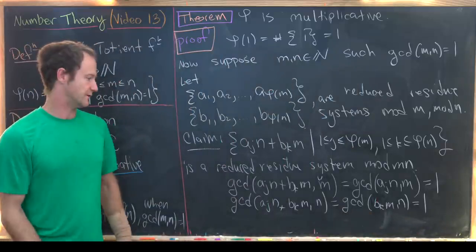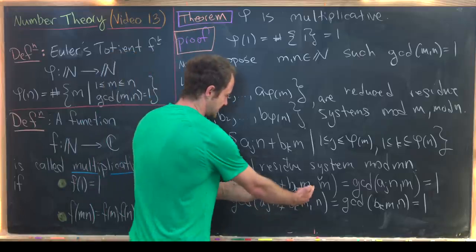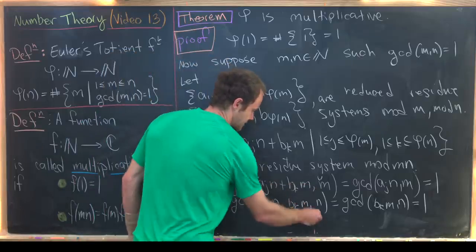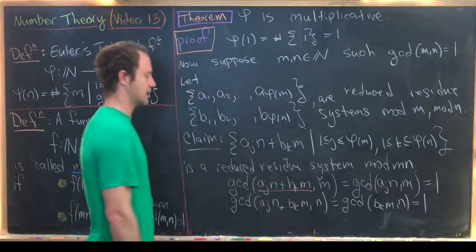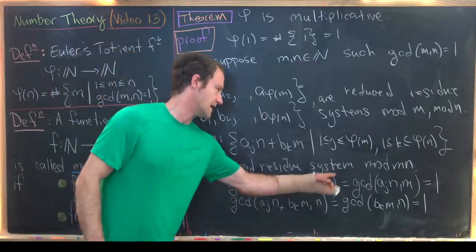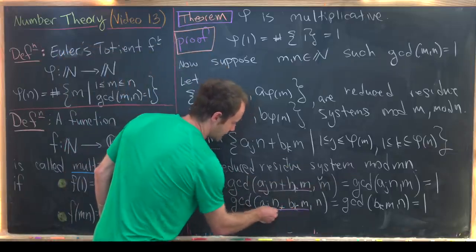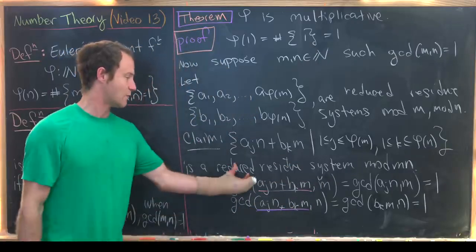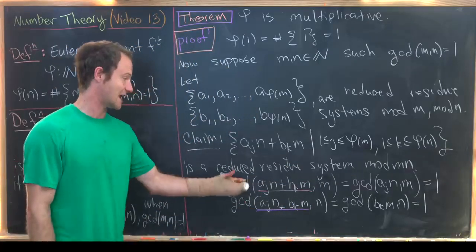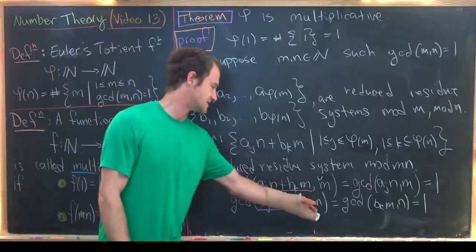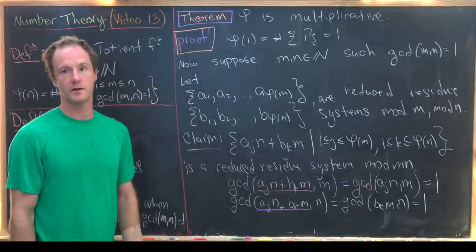But now let's look at what we've got. So we've got the GCD of this number right here, which maybe I'll underline in pink, with the number m is 1. And then this number that I'll underline in purple, which is the same as the number in pink, has a GCD of 1 with n.